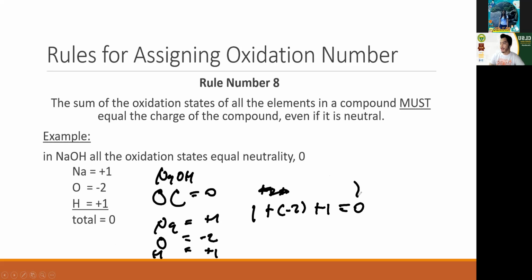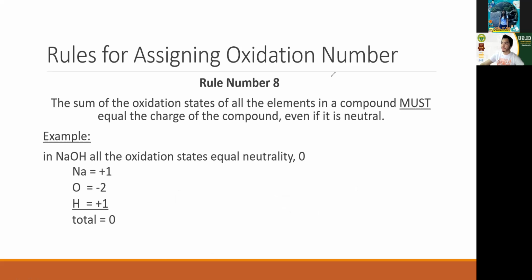Yung 0 na yan, yun yung charge ng buong compound. Mamaya may mga examples tayo, paano kapag yung compound is hindi neutral. So in short, yung charge ng compound is equal dun sa charge ng elements na forming that compound. Mag-alala, may example tayo.